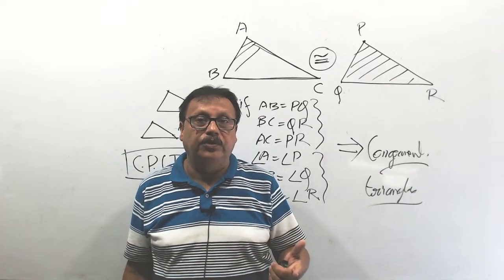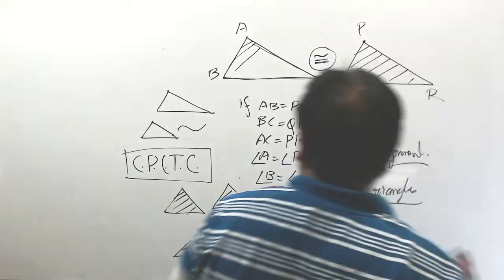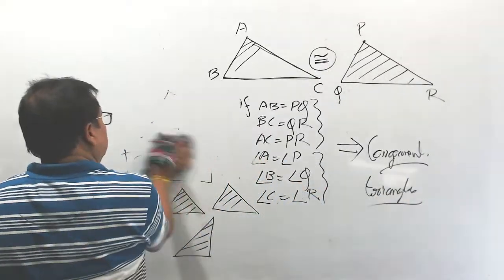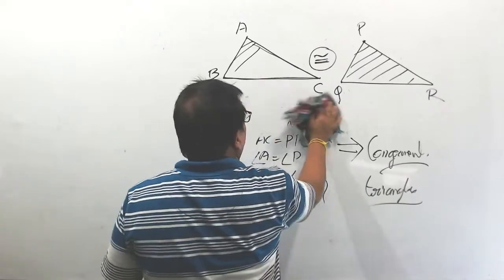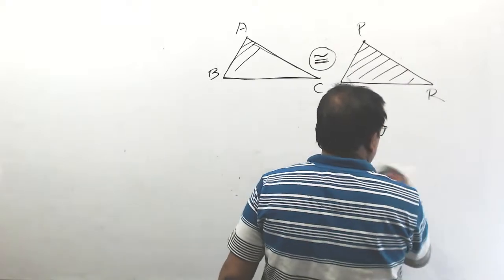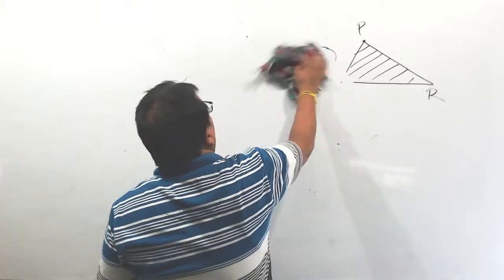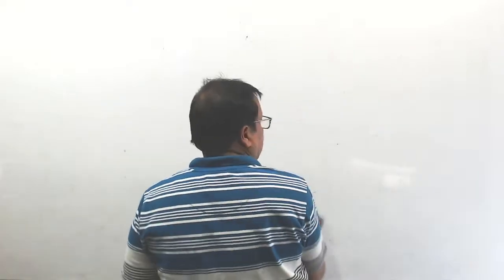How will you prove it? There are mainly 4, but in total there are 5 criteria for proving two triangles are congruent. One by one. What is the first one?